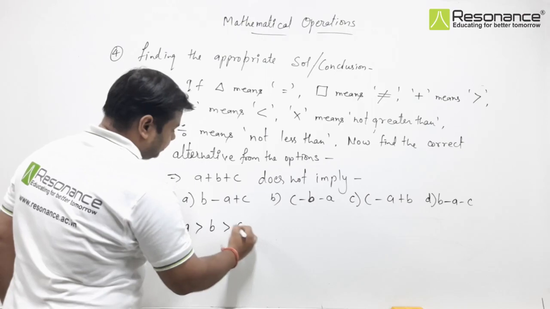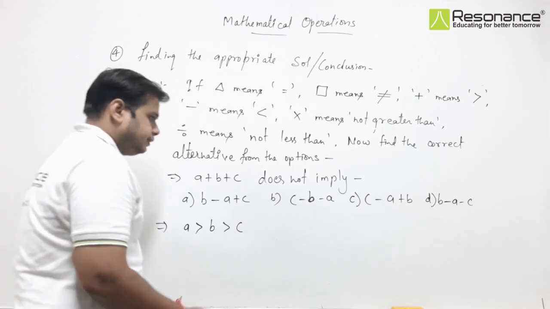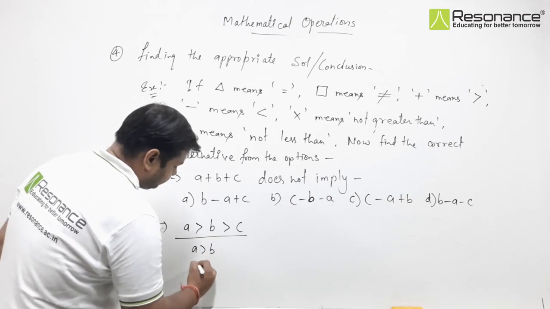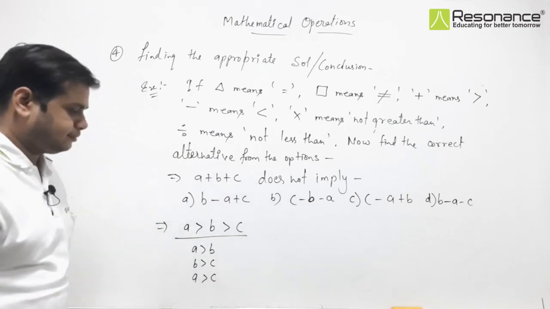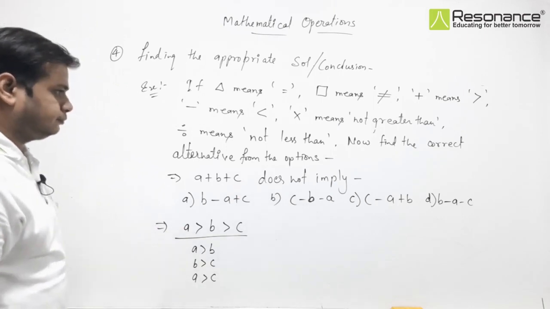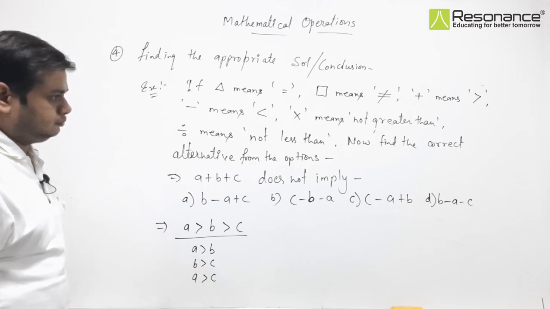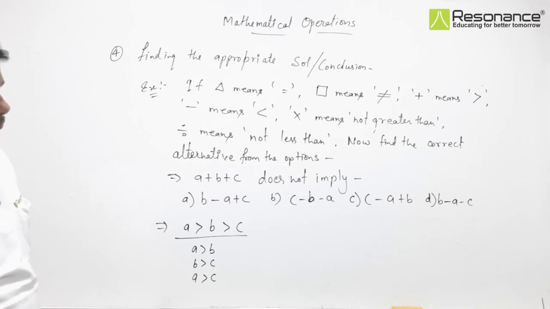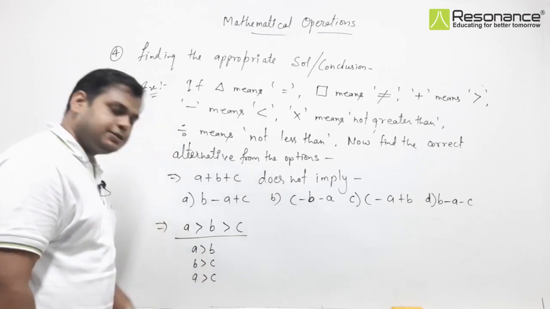So, A is greater than B, B is greater than C. It will give us that A is greater than B, B is greater than C, so A is also greater than C. That means A is greater than B and A is also greater than C.